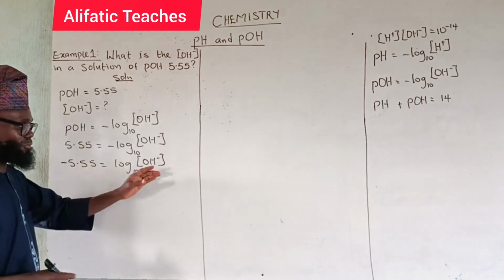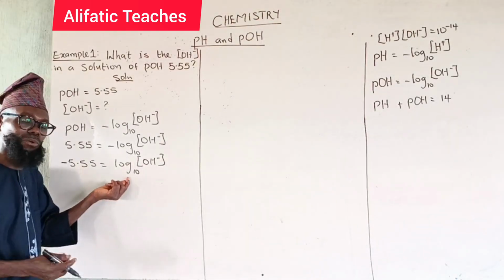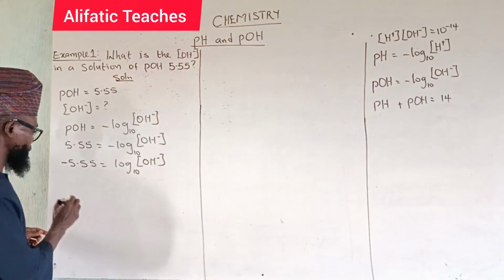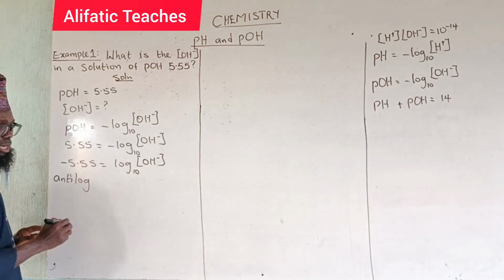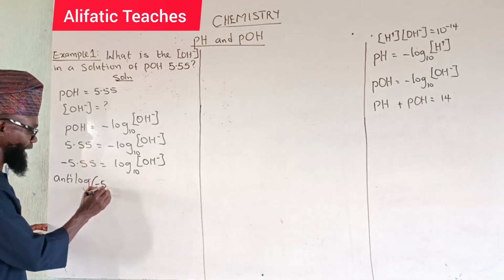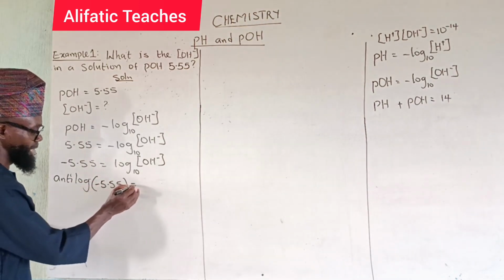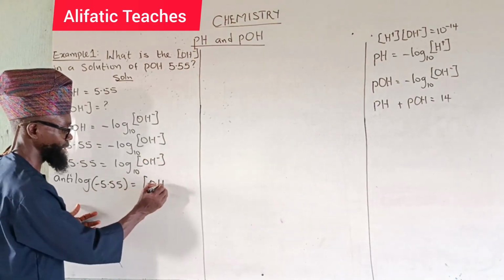To get the concentration of OH minus, I have to find the anti-logarithm, which is the opposite of logarithm. So anti-log of minus 5.55 gives the concentration of OH minus.